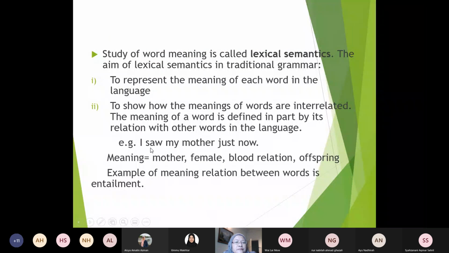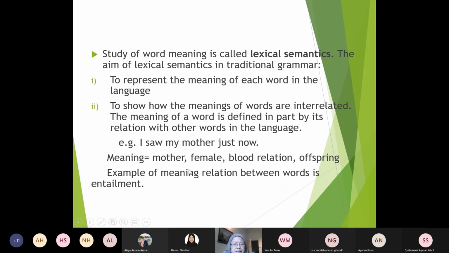When you understand the sentence "I saw my mother just now," the word mother has the lexeme mother and has the characteristic of semantic senses of being female, having blood relation, and you're the offspring of your mother.